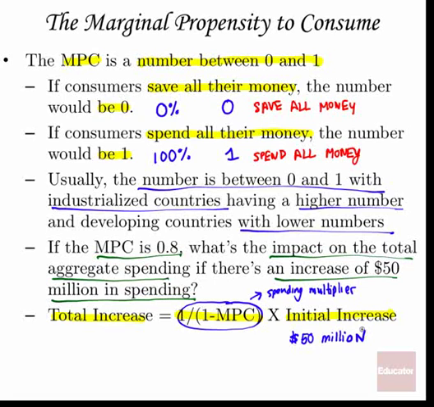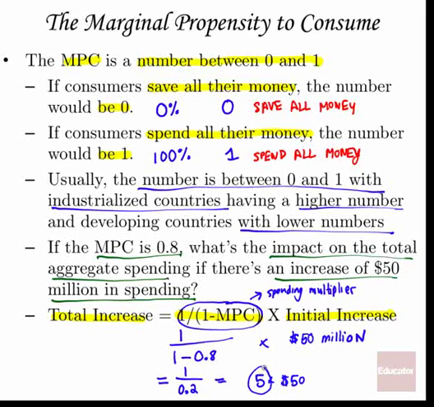So let's say there's investment spending of $50 million, or the government injects $50 million in spending, then what's going to happen? Well, you have 1 divided by 1 minus MPC, which is 0.8. So 1 over 1 minus 0.8 is 1 over 0.2, and that equals 5, times 50 million.